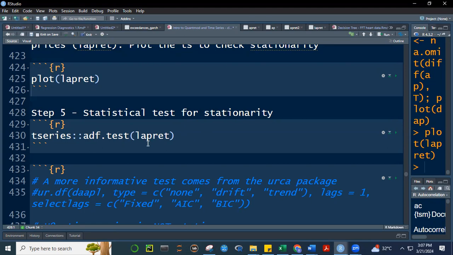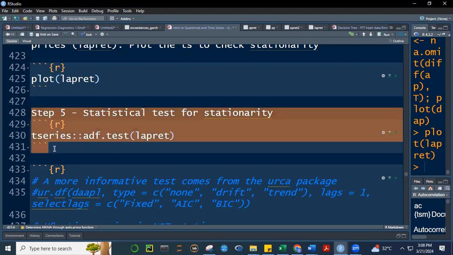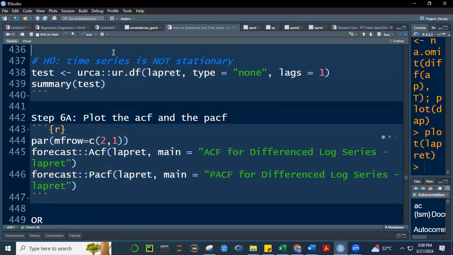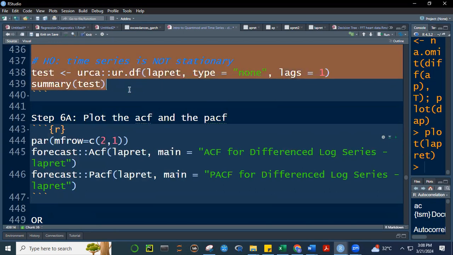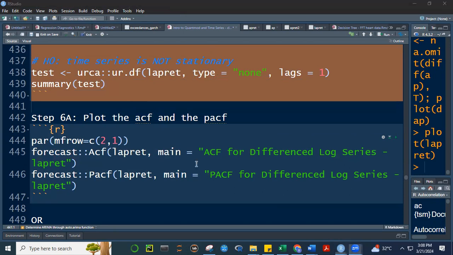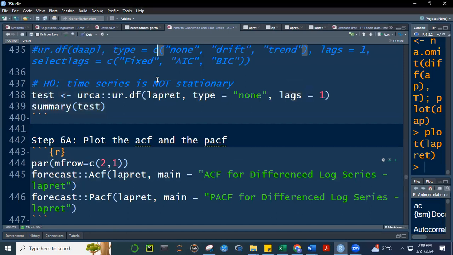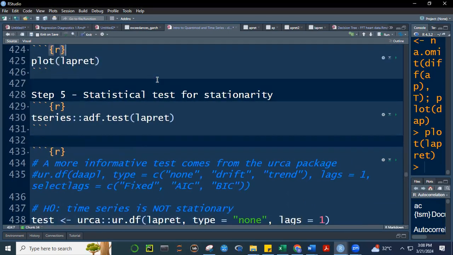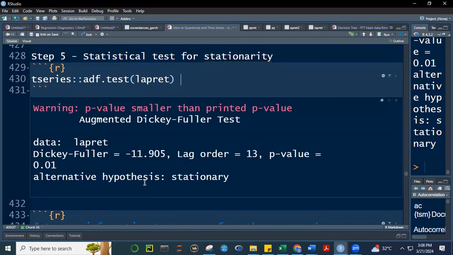We used the augmented Dickey-Fuller test from the tseries package. I think I gave this to you last time, but just to be sure. If I run this, the alternative hypothesis is that the time series is stationary.